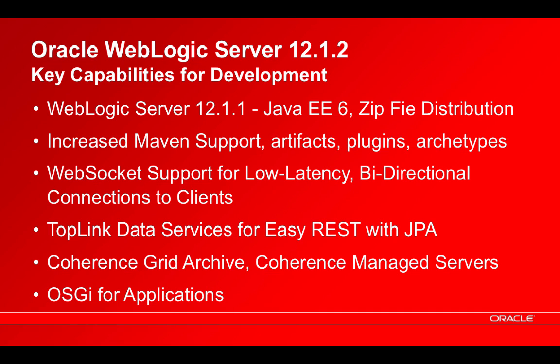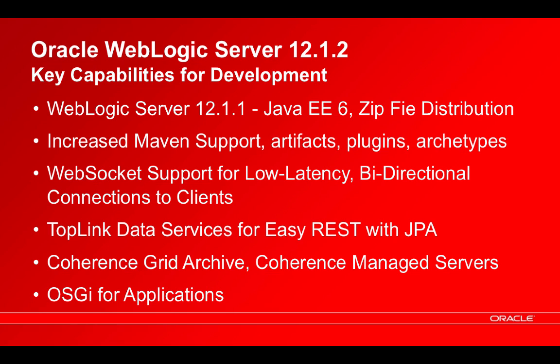So WebLogic Server 12.1.2 carries that forward. We've got the maturity around WebLogic Server with full support for Java EE 6. To help support developers, we've got a zip file distribution, meaning you can download a zip file under 200 megabytes for a full WebLogic Server, unzip it, run a script, and it's ready to go.